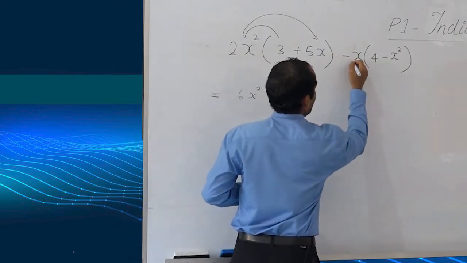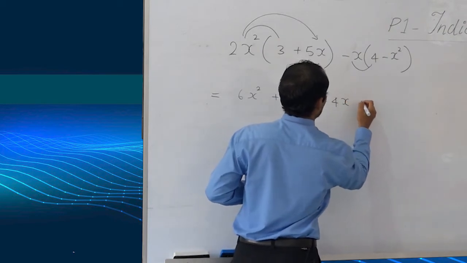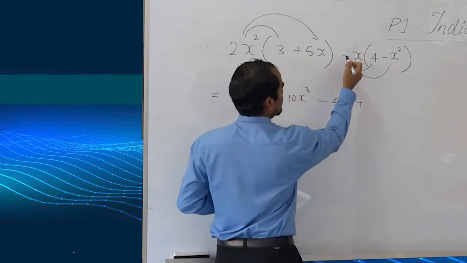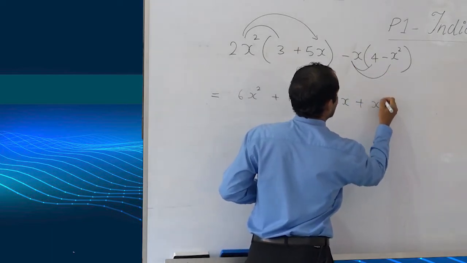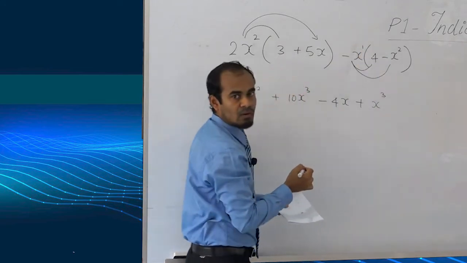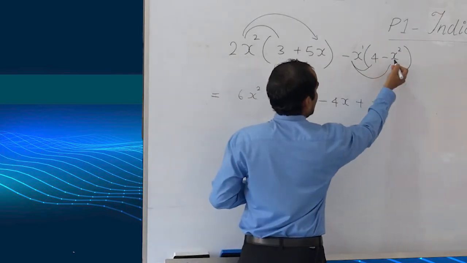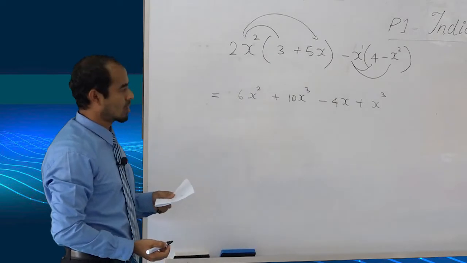And then with this multiplication, we will get minus 4x plus, remember, then we have to multiply these two. It's a minus and a minus. When you multiply, we get a positive x cubed. Now, what is important to realize is that the power of x there is 1. So when you multiply these two, we add the powers to get that cube there.